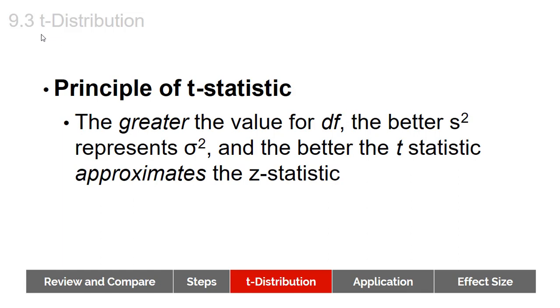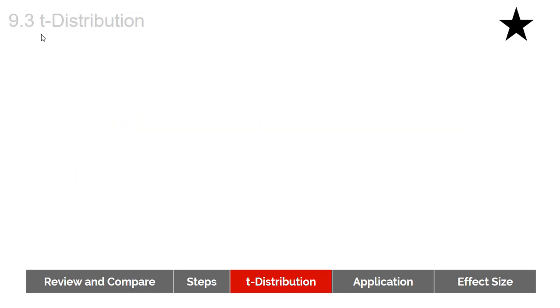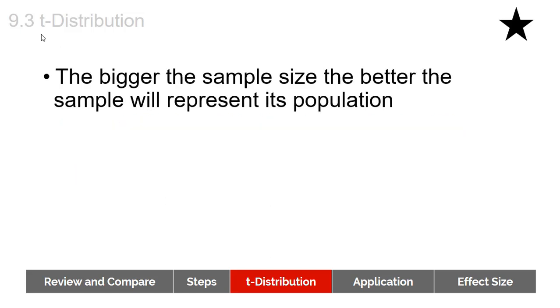So the principle of the t-statistic is this. The greater the value for our degrees of freedom, n-1, the better our sample variance is going to represent our population variance, and the better the t-statistic will approximate the z-statistic. In other words, the bigger the sample size, the better the sample is going to represent the population.